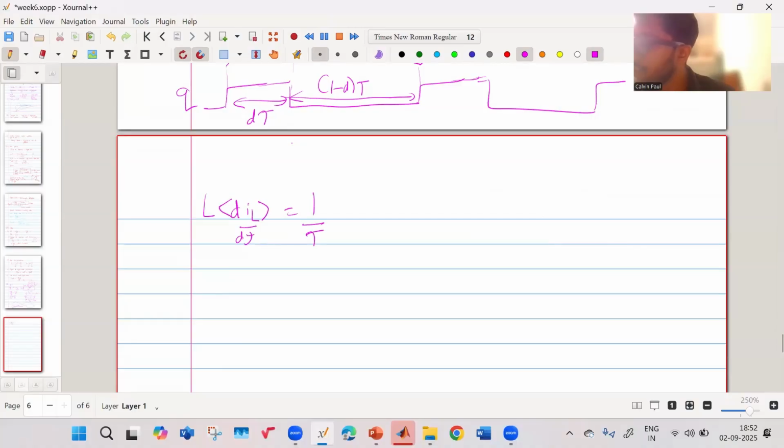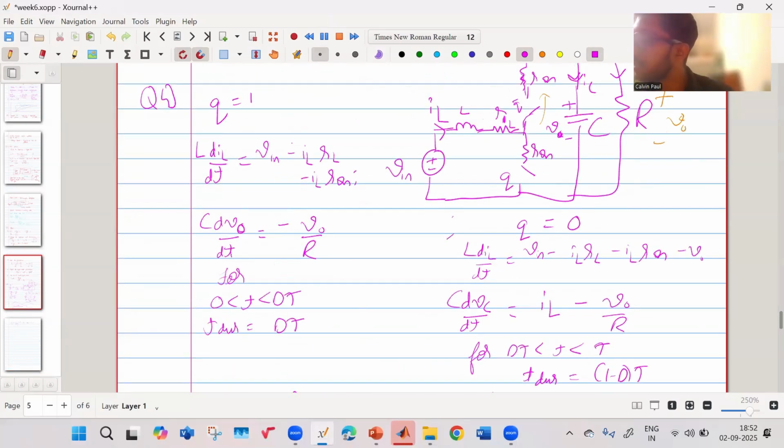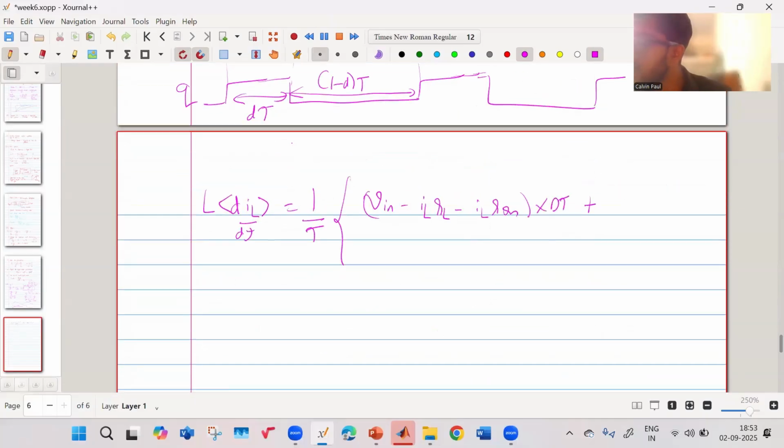So we first divide by 1 by T, and then it is Vin minus IL into RL minus IL into R1 into dT, plus, when the switch is off, Vin minus IL into RL minus IL into R1 minus V0 into 1 minus d T. Okay. Now how can we simplify this further?